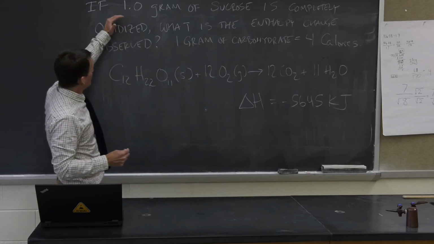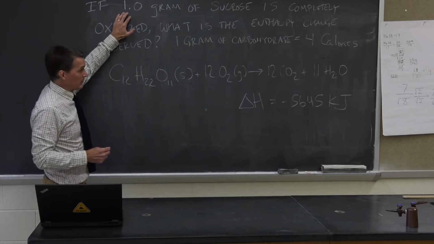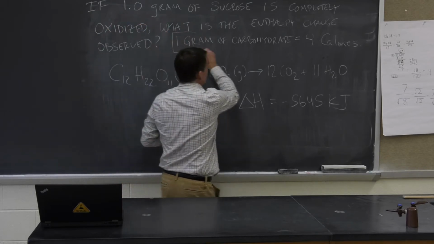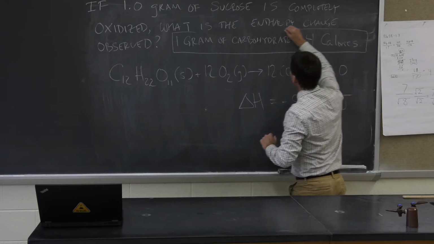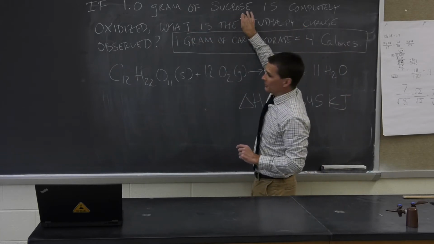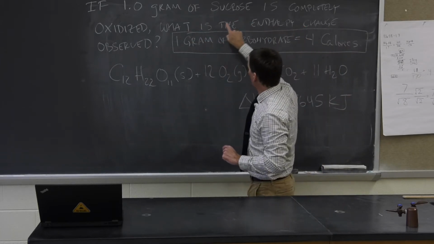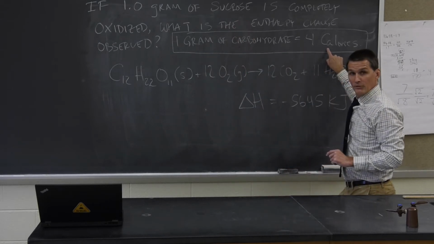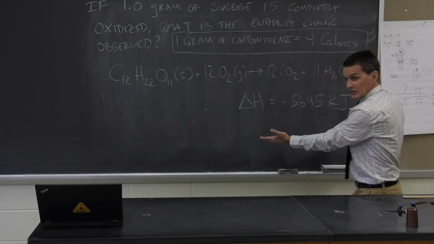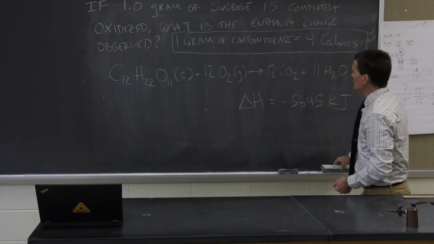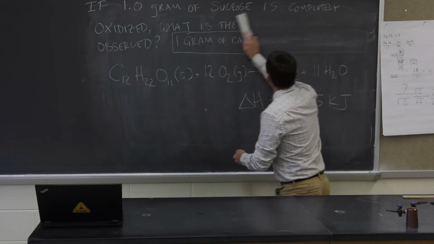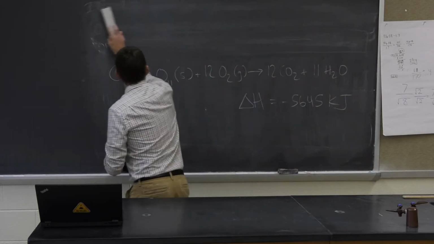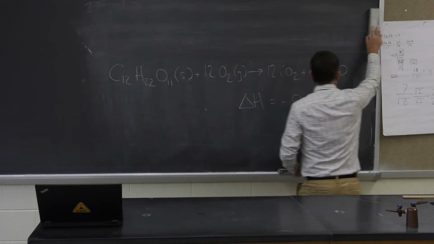But we're gonna use this problem to see, okay, we're gonna combust 1 gram of sucrose, which is a carbohydrate, and we're going to see if that 1 gram of sucrose is equal to 4 food calories using this information here. So let's try this. You're going to have to remember, write that in your notes, that 1 gram of carbohydrate is 4 food calories.